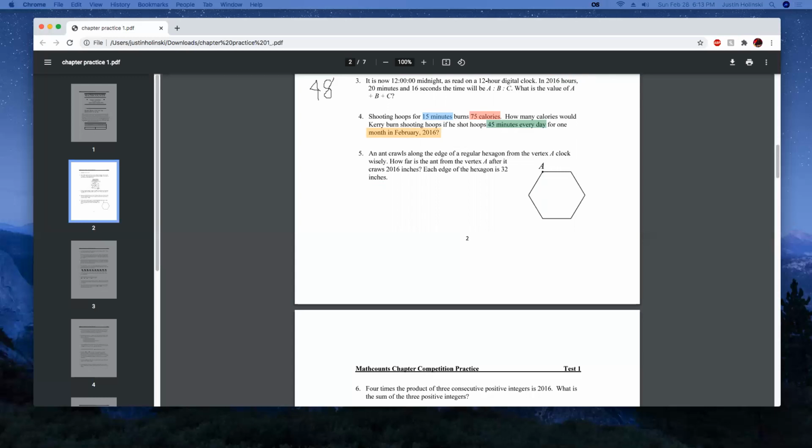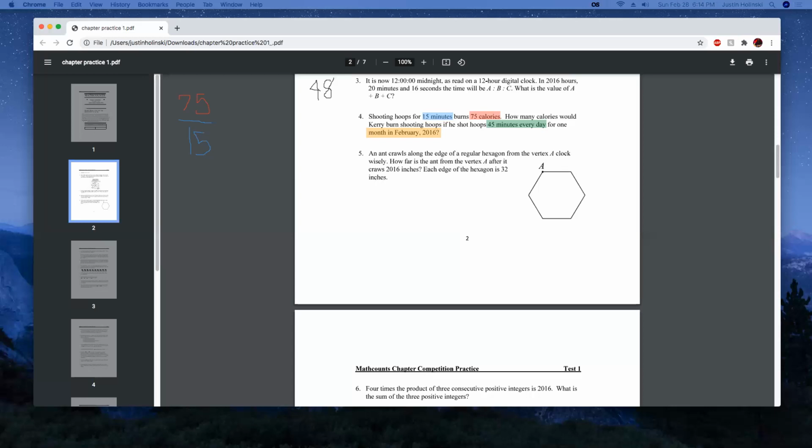So you see those colored pieces of information, blue, red, green, and orange? I'm going to use them now. So I took 75 calories and divided that by 15 minutes, so that I can get how many calories burnt per minute.